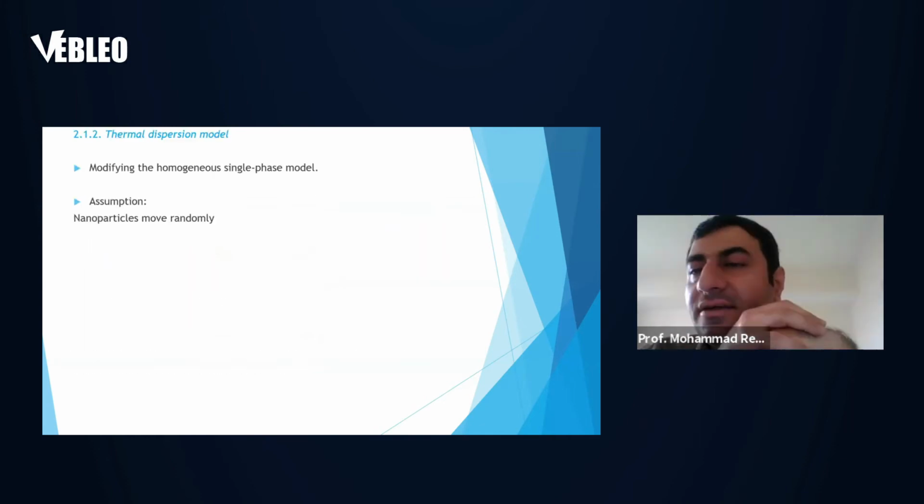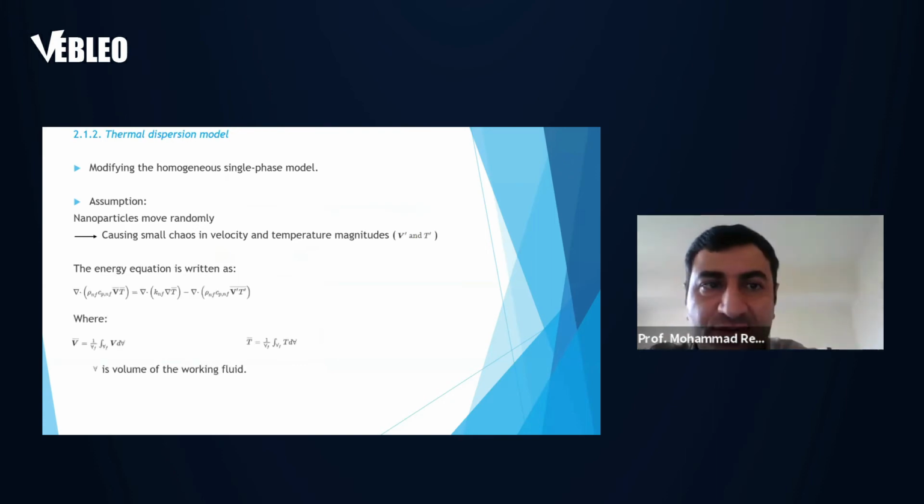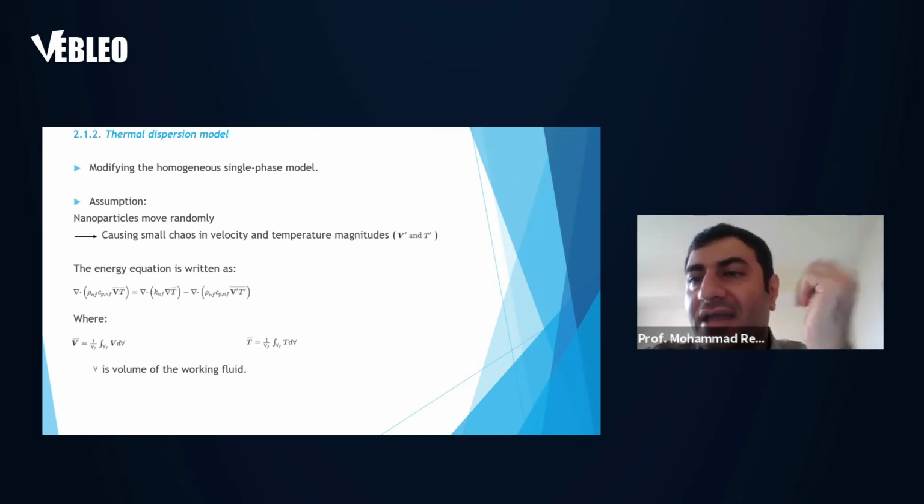Okay, the other famous modeling for single phase is the dispersion model. I don't want to talk about the formula because we don't have time. It means that some scientists have modified the Navier-Stokes equation by considering some small chaos in velocity and temperature magnitude.